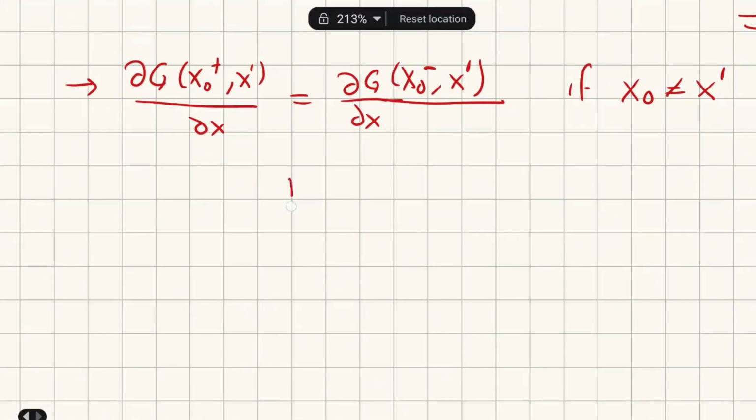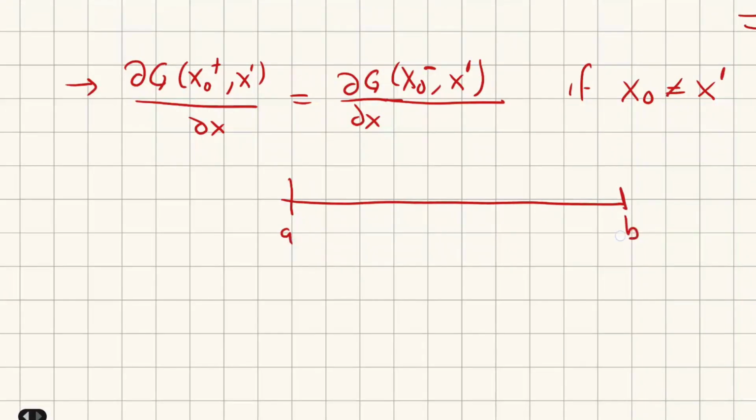So that means that if we have the interval a comma b, here is x prime and here is x0, we know that the derivative of the Green function is going to be continuous, right? Because the derivative from the right matches with the derivative from the left. Okay, perfect. So again, this is just when x0 is different from x prime. Right now, we are going to show that when x prime is equal to x0, these two things do not match.